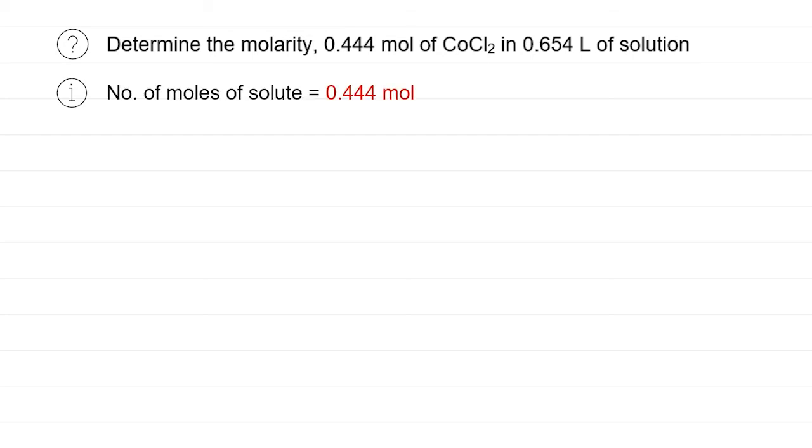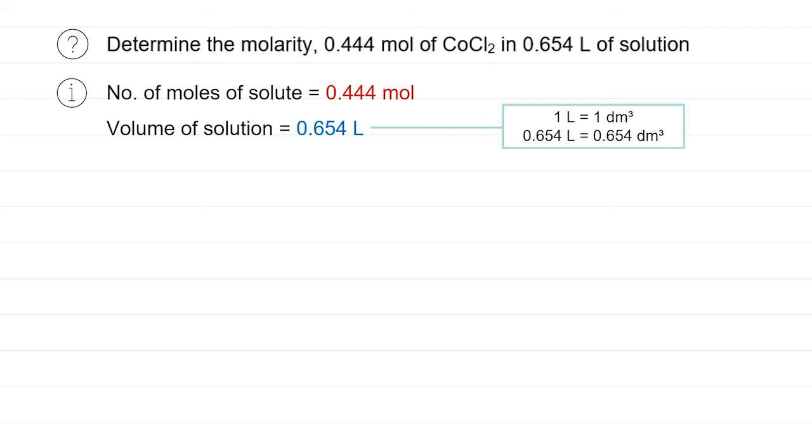First of all, we have the number of moles of the solute, which is 0.44 mole, and the volume of solution is 0.654 liter. Remember, 1 liter equals 1 decimeter cubic, so 0.654 liter equals 0.654 decimeter cubic.